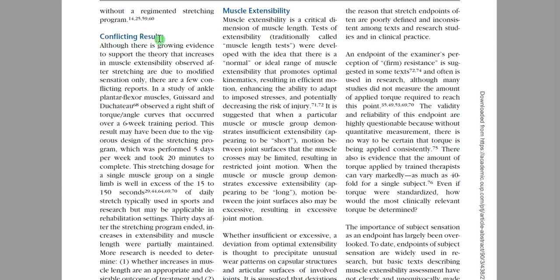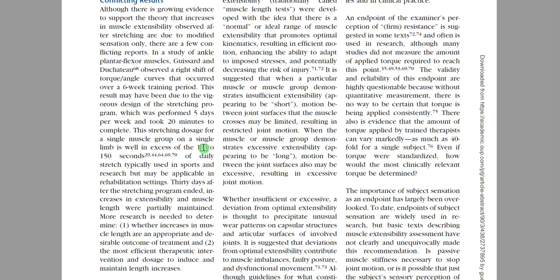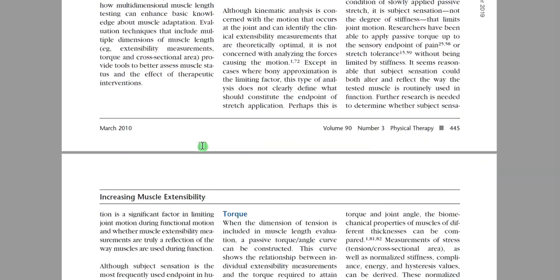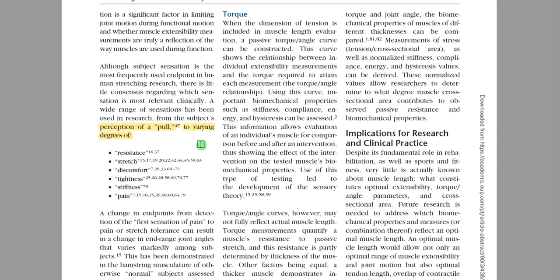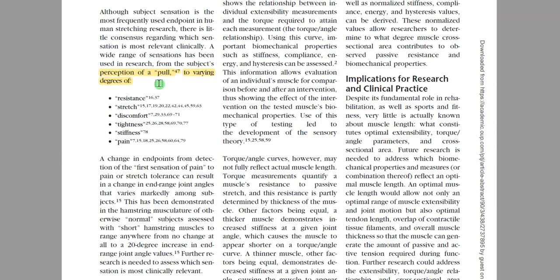There's also conflicting results, but there is a growing evidence to support the theory that increases in muscle extensibility observed after stretching are due to a modified sensation only, as opposed to some of the autogenic and reciprocal inhibition type theories.